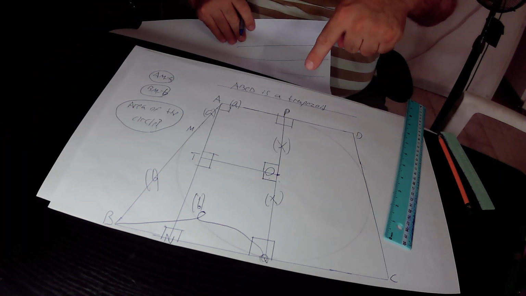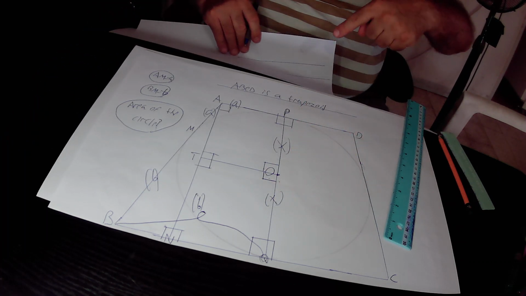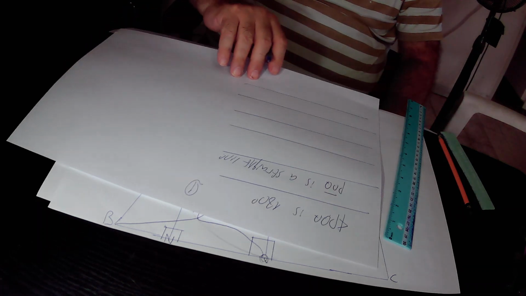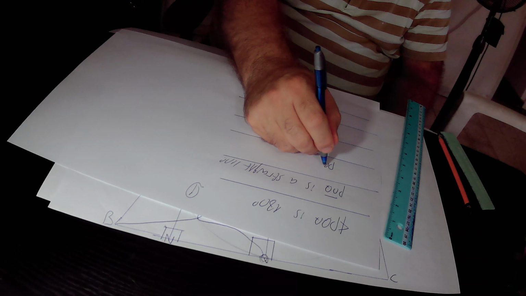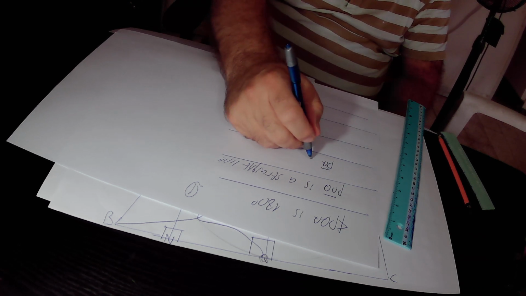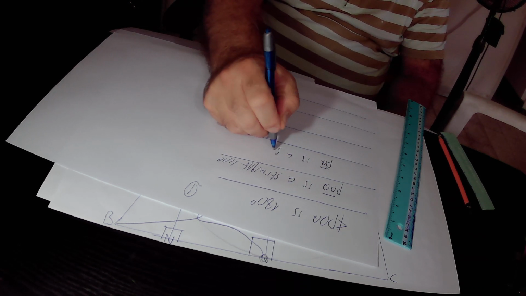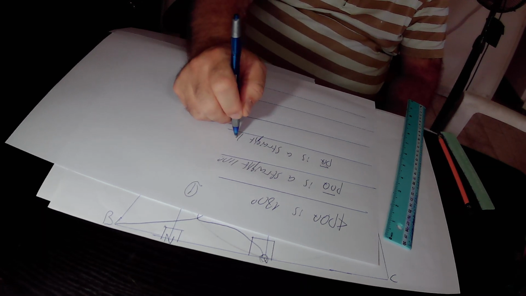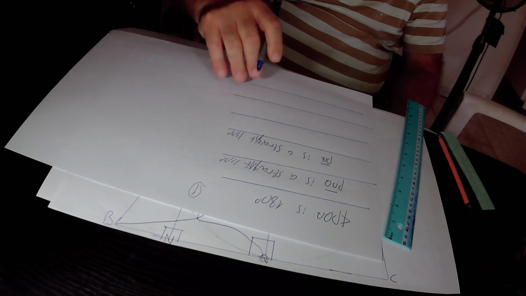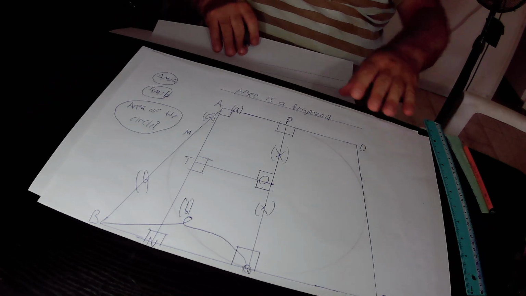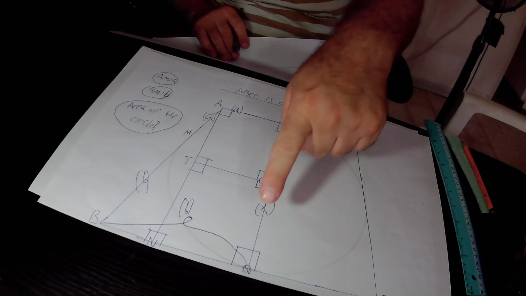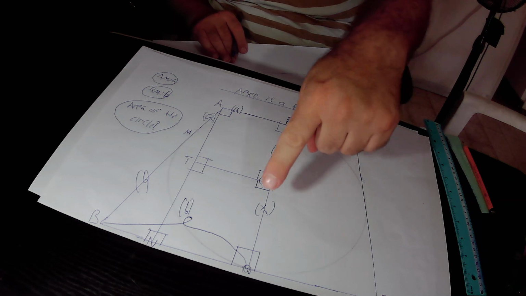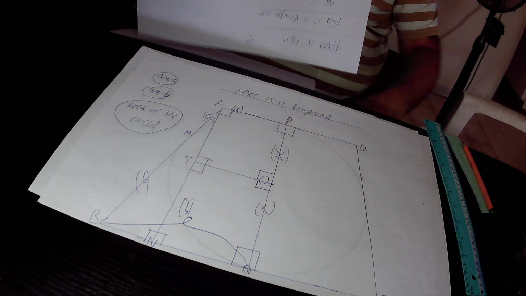Okay, again, this line segment POQ is a straight line. If POQ is a straight line, then PQ is also a straight line. Line segment PQ is also a straight line. So, shape APQN consists of 1, 2, 3, 4 sides.